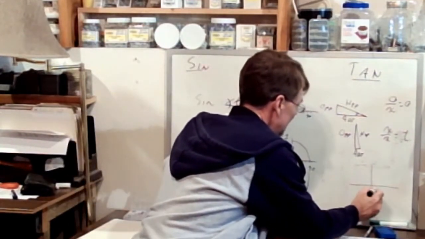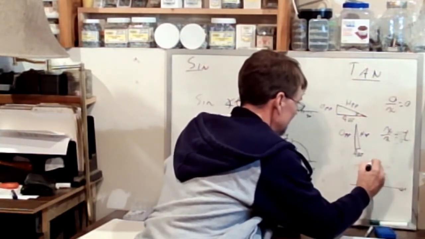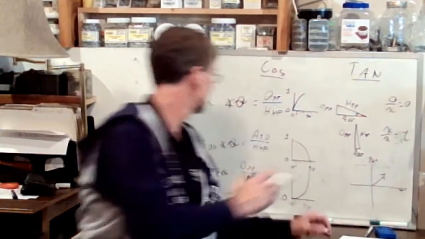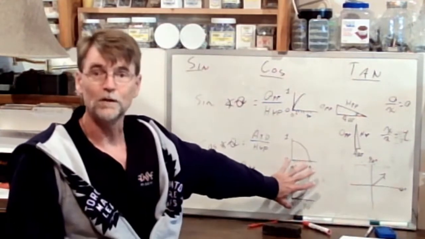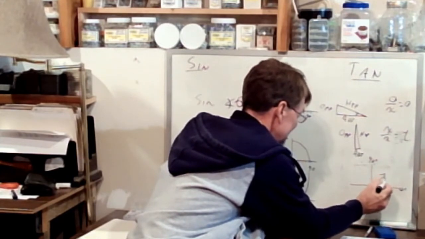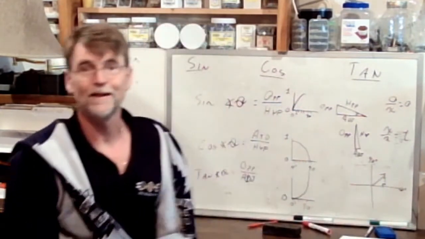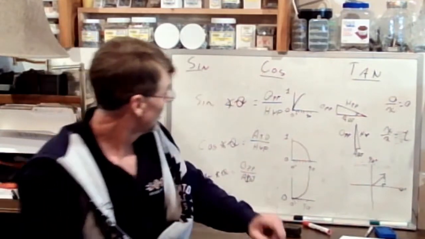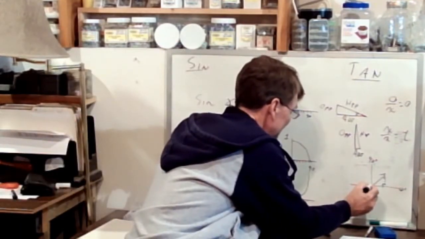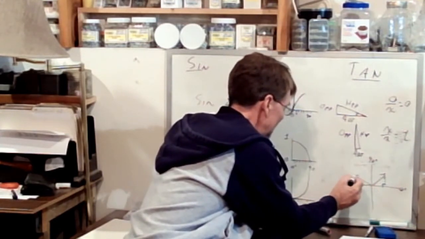So anytime that the vector is in here between 0 degrees and 90 degrees, this all works wonderful. We can draw an imaginary line down here to 0, which is our reference point, and say, oh look, there's a right angle triangle. But what if the vector extends beyond 90 degrees? What if the vector is over here?